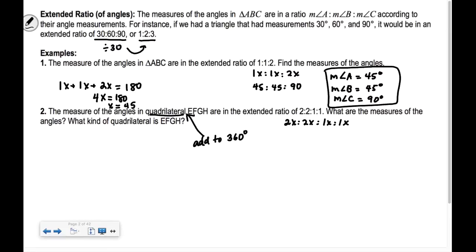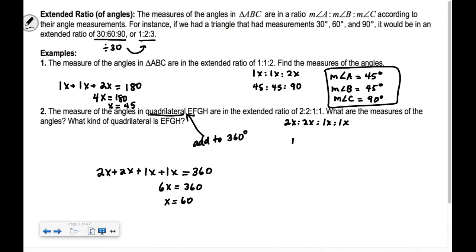So now we can set up our equation. We can say that 2x added to 2x added to 1x added to 1x has to equal 360. So we have 6x equals 360. So I have x equals 60. Okay, and then we go back in and we plug in.